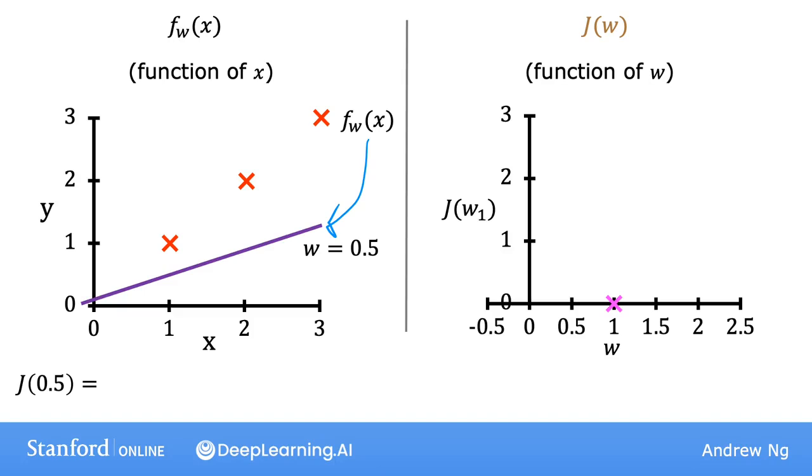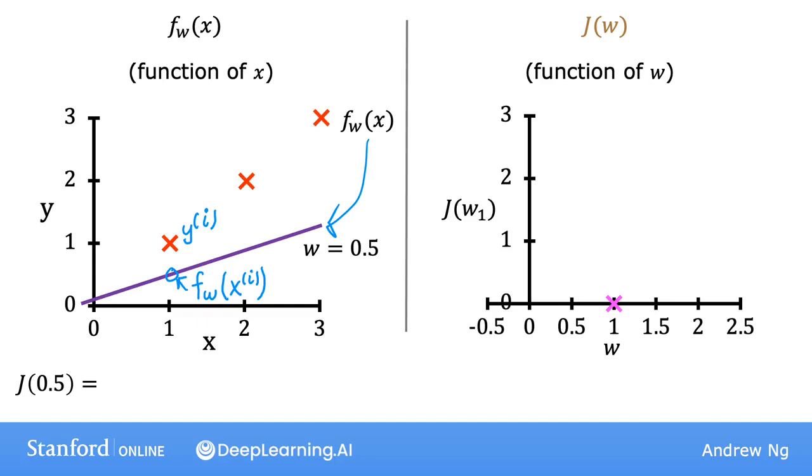Recall that the cost function is measuring the squared error or difference between the estimated value, that is y hat i, which is f of x_i, and the true value, that is y_i, for each example i.